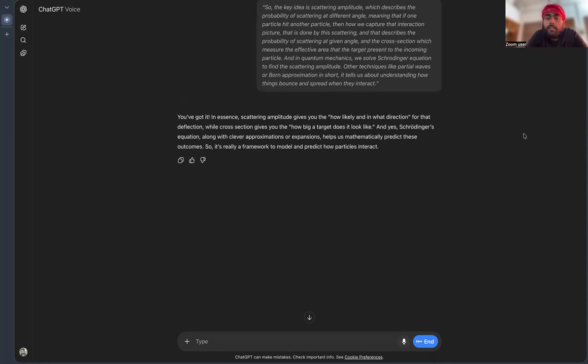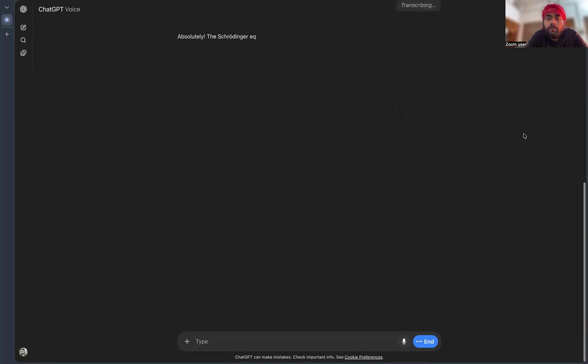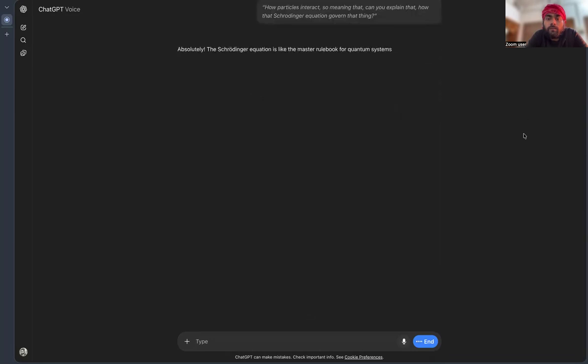Can you explain how the Schrodinger equation governs that? Absolutely. The Schrodinger equation is like the master rulebook for quantum systems. When you have an incoming particle, the equation describes its wave function, basically a probability wave.